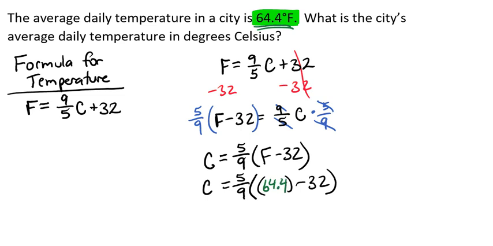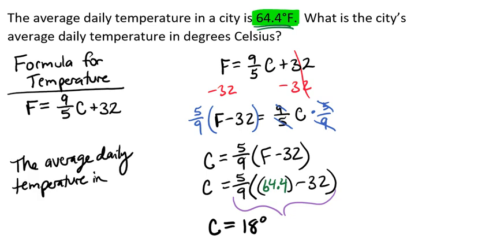And now really, we just need to plug this into the calculator to see what we get. And when we do that, we come up with our Celsius is 18 degrees. So the average daily temperature in degrees Celsius is 18.